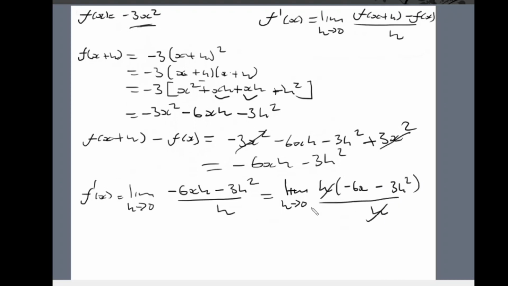That h and that h will cancel. Now I'll have the limit as h goes to 0 of minus 6x minus 3h. So wherever I see h, now I can put 0 and I'll have my answer, right? So my final answer, if I put 0 where I see h there, will be minus 6x.